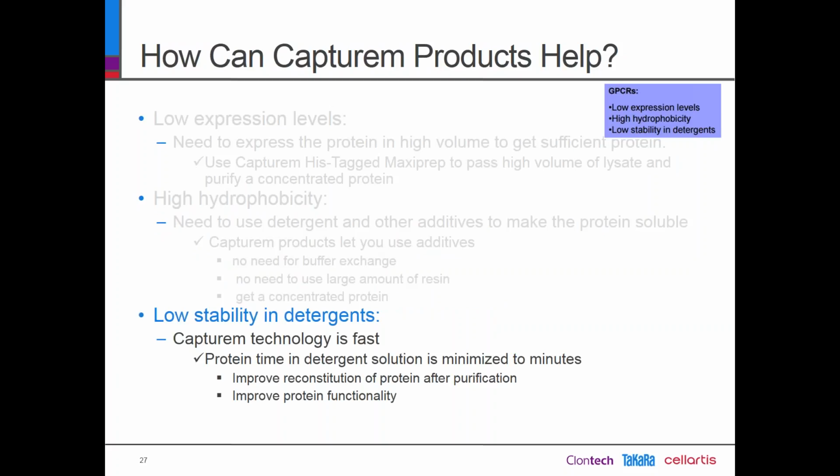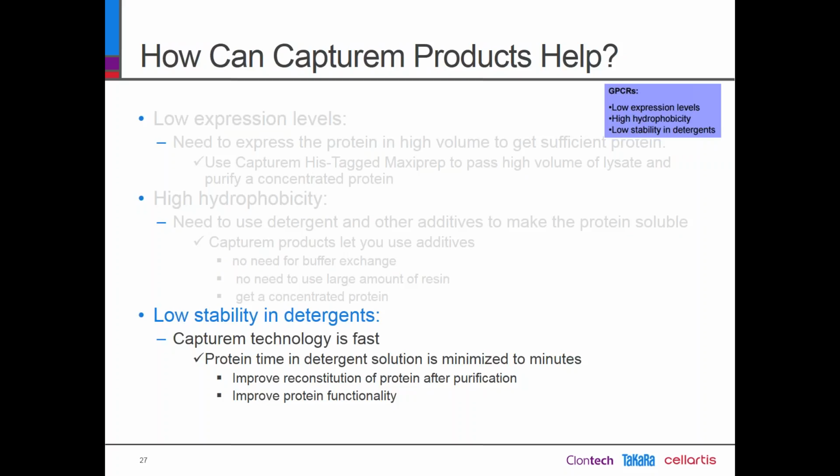For the low stability in detergents, this just means that usually once you have purified the GPCR and it's in the detergent that you used for the solubilization, it doesn't stay in the correct conformation for very long. So that's what we mean here with low stability. Here it's really good to use the Capture technology because it's very fast.